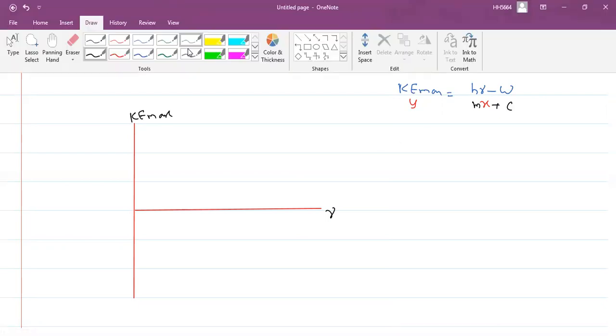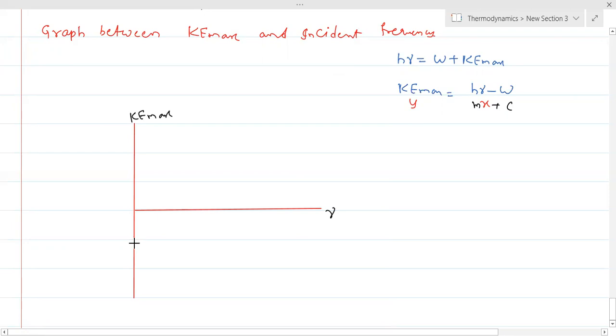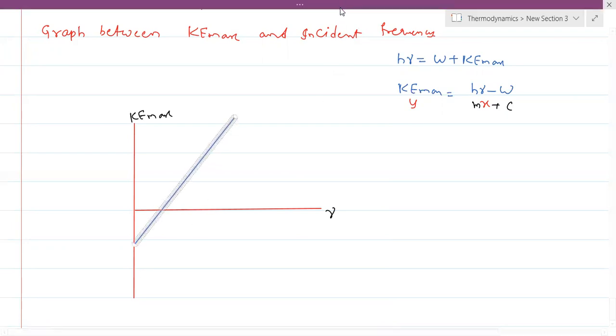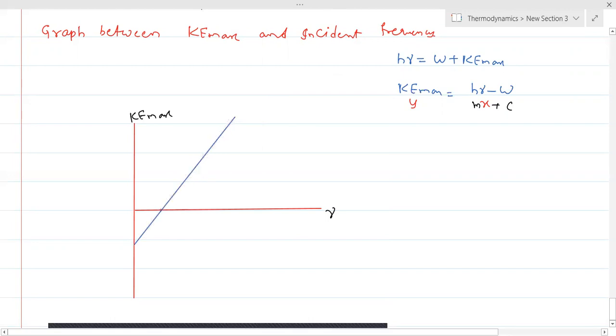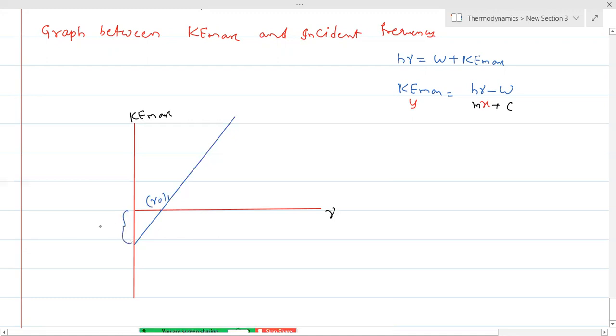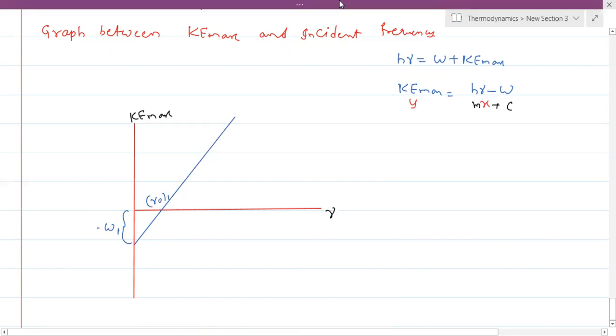The slope is positive, but the y-intercept is negative. So here I am able to draw the first graph. This is nu naught 1. And of course, if you are interested, we can take the y-intercept as W1.